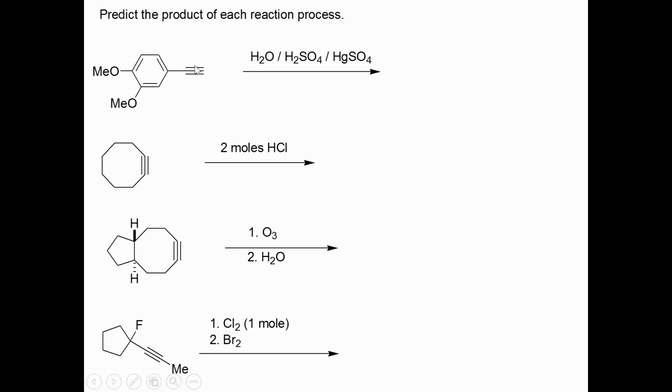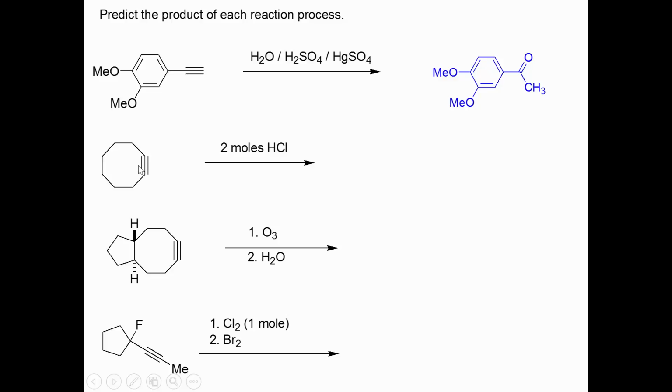So this is a terminal alkyne. It should be completely regioselective to put the oxygen at the more substituted carbon, and we should obtain the methyl ketone from this reaction. This next alkyne, it's a strained compound. It's an alkyne in an 8-membered ring, but it'll still do the alkyne type reactions. It'll probably do them much faster.